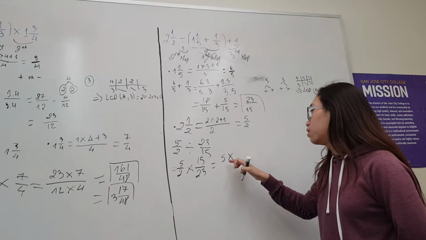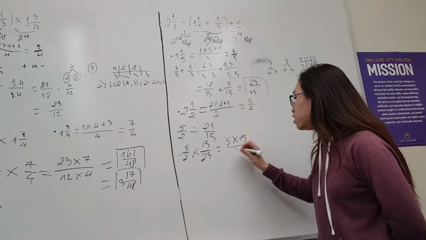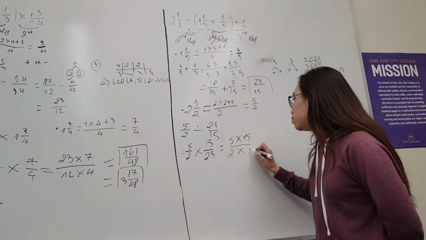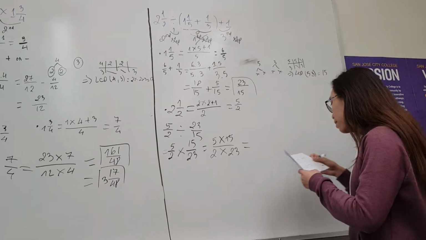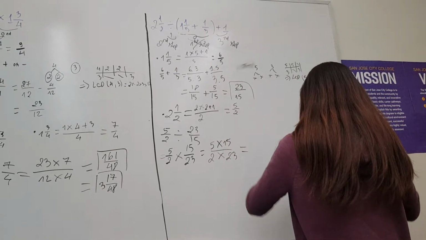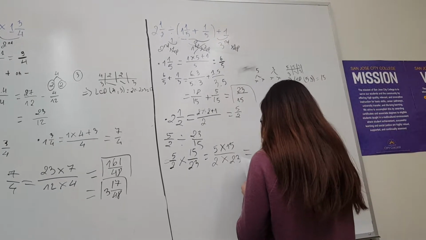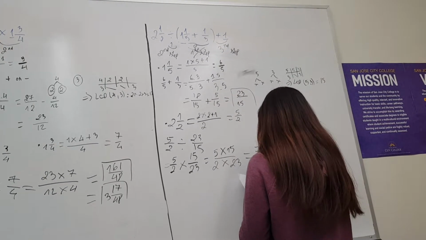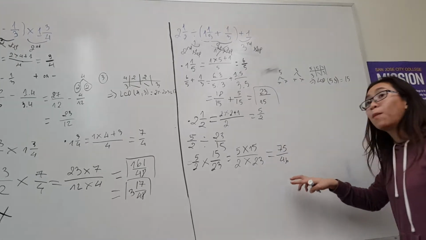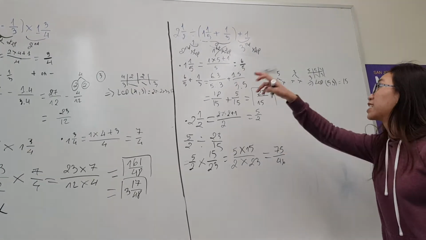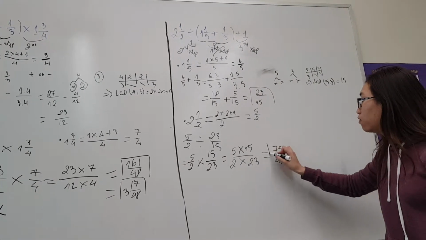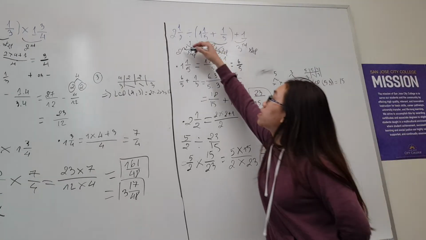Numerator 5 times 15 over denominator 2 times 23. You have 75/46. Therefore, my answer, the second step, 75/46. Oh, you finished the second step.